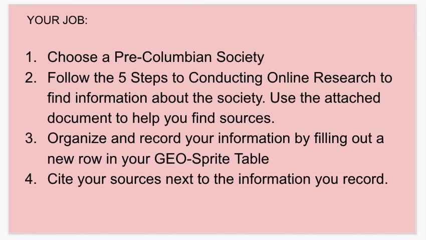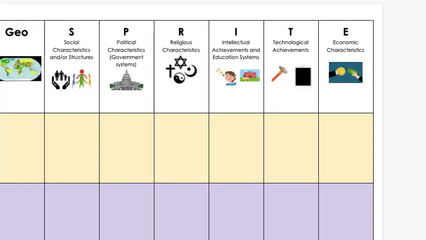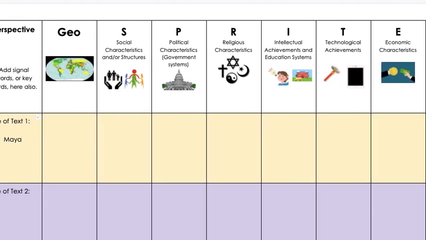And finally, as you are conducting your research, be sure to cite your sources next to the information you record. So if I go back to my GeoSprite table, I might use multiple sources to find information today. So if I find information about the social characteristics and structures at a website called Maya History, I would record the website name.